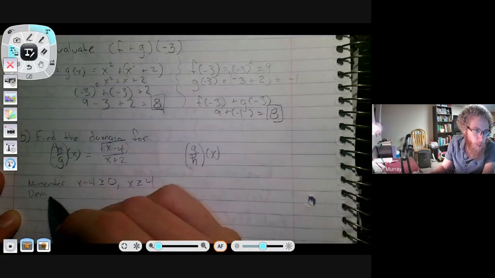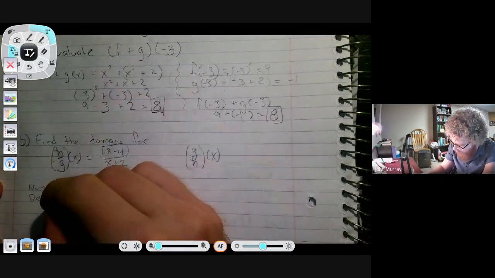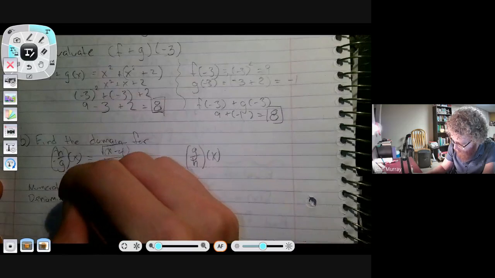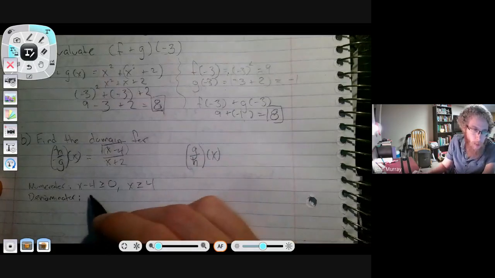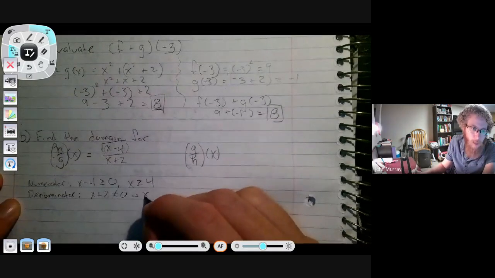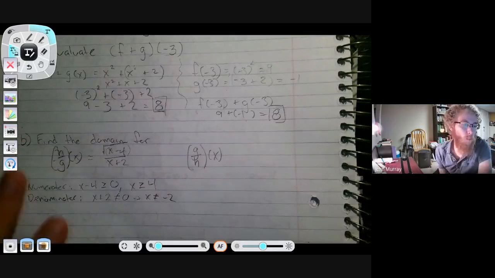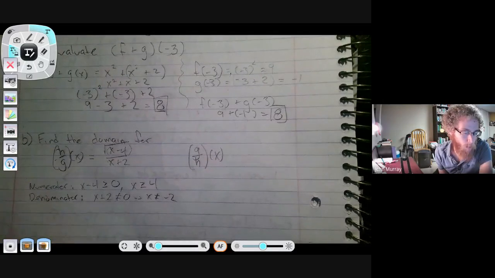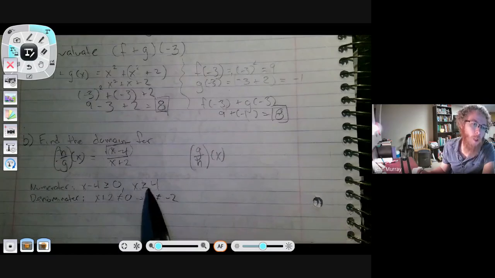For our denominator, we have a special rule. Our rule is we can't have 0 in the denominator. So I have x plus 2 can't equal 0. So x can't equal negative 2. Now let's think about both of these, because sometimes one kind of negates the other. One of them might be not necessary. So for the numerator, x has to be greater than or equal to 4.